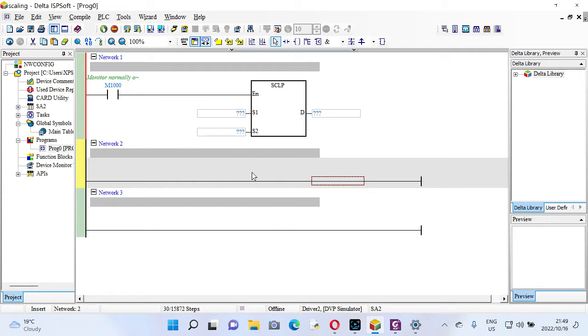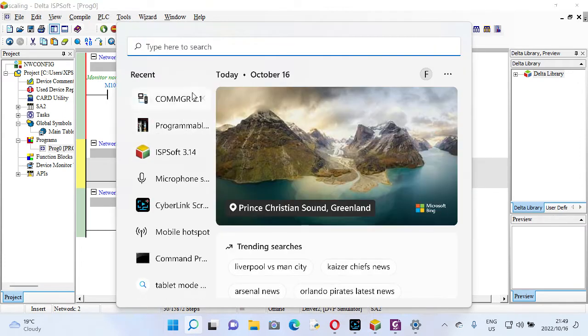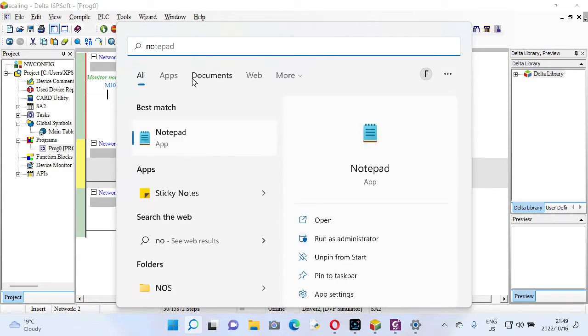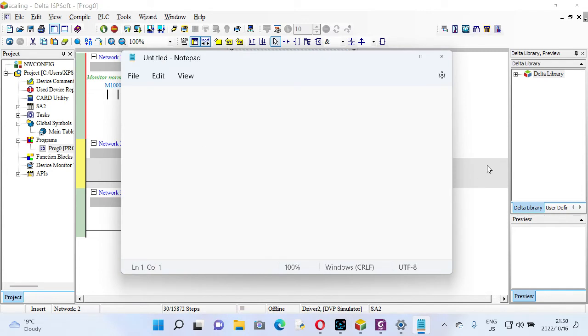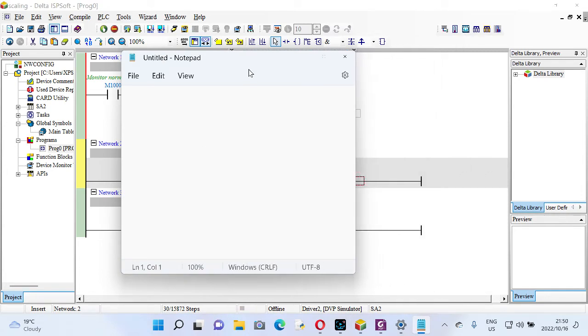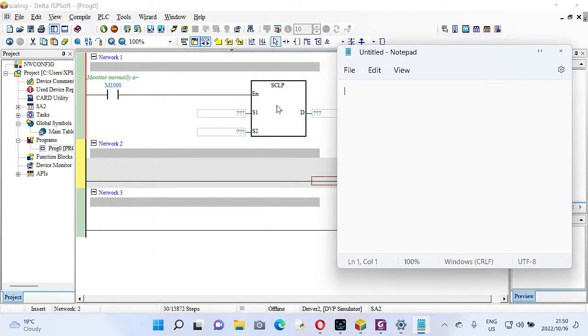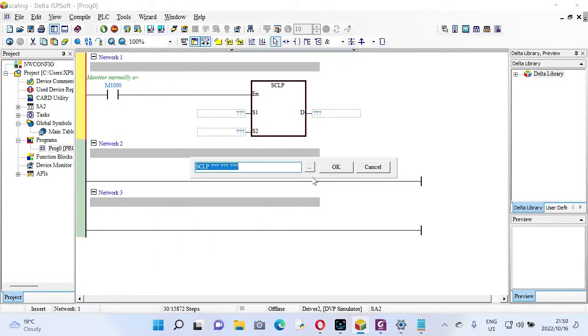Okay, so I'm going to show you how delta instructions work. So I'm going to open a notepad. Let me really see what you are trying to do here. Okay, so I double clicked here.